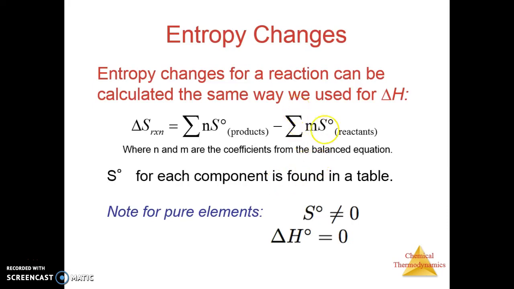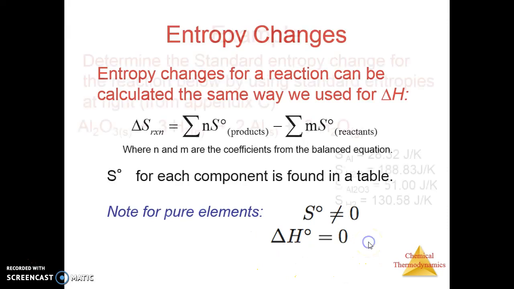If we're looking at the entropy of a reactant, we're taking away that disorder, so we've got to subtract the reactants. And these values, n and m, just represent coefficients. You're going to find standard entropies in a table, and remember that for pure elements, there is a value for the entropy, unlike for delta H, where it's a 0.